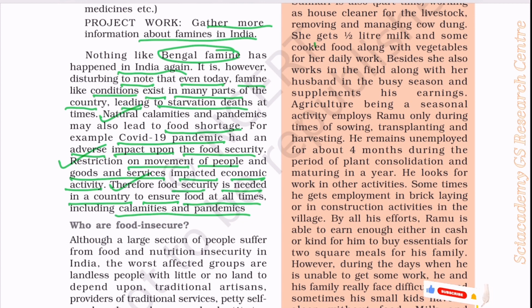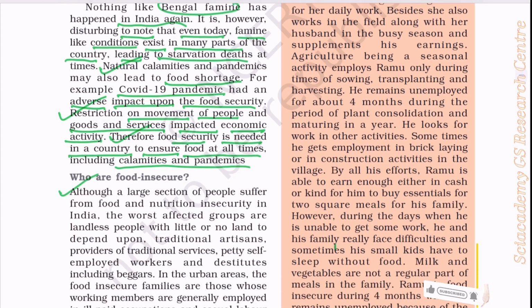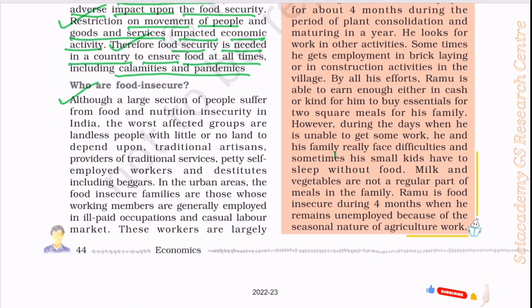Who are food insecure? Although a large section of people suffer from food and nutrition insecurity in India, the worst affected groups are landless people with little or no land to depend upon, traditional artisans, providers of traditional services, petty self-employed workers, and destitutes, including beggars.